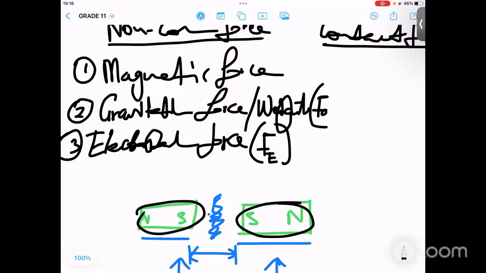And then when it comes to the weight, it is also Fg. Magnetic force doesn't need a shorthand because we won't need a formula where we calculate magnetic force. So that's why they've got those shorthand notations.